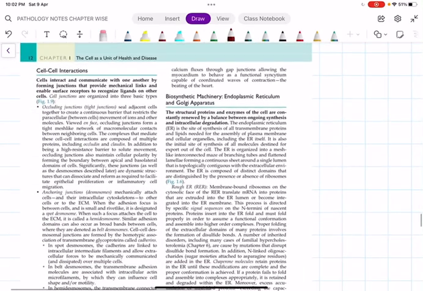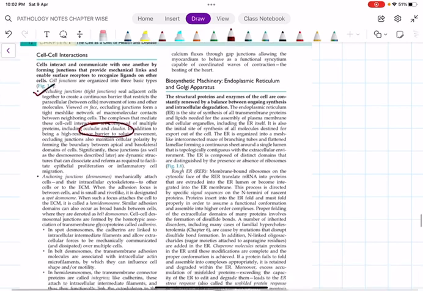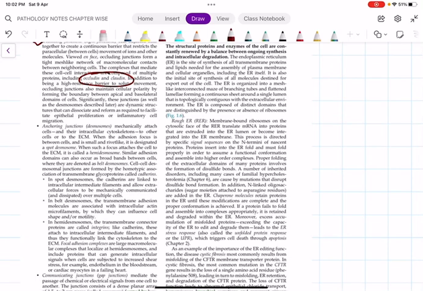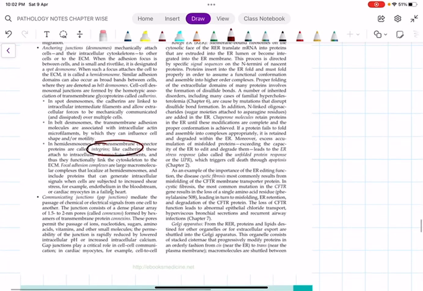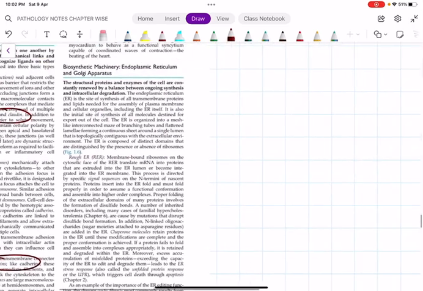Then coming into the cell to cell interaction, you know what tight junction is. Remember in tight junction we have two proteins, occludin and claudin. In hemidesmosomes and desmosomes, we have integrins and cadherins. Just remember which proteins form these junctions. Then we have gap junctions. In gap junctions we have connexins. 3 points here. I'm going to write it separately for you. Tight junction, gap junction and anchoring junction.